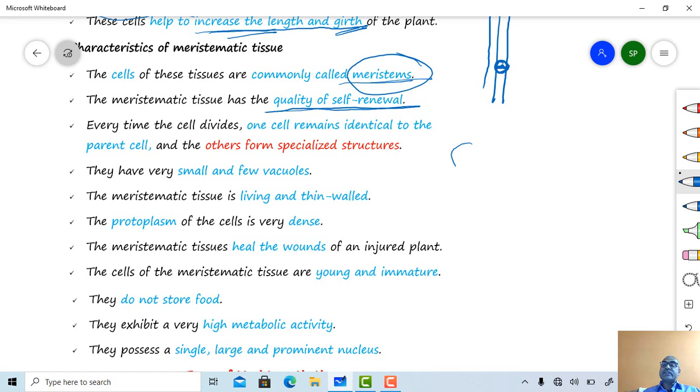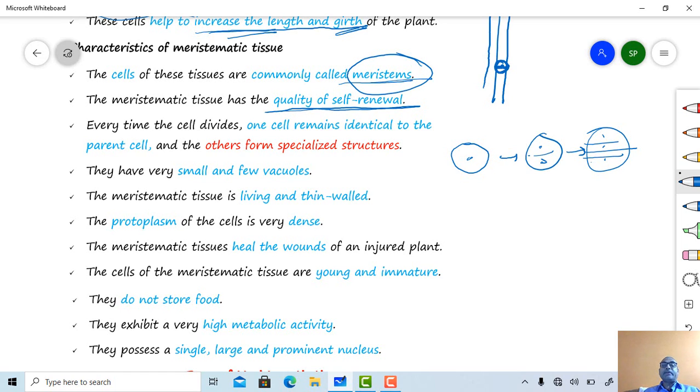As a single cell is present, this cell divides into two. Again, each cell divides into two cells. So this meristematic tissue has the quality of self-renewal. What is renewal? To renew means new cell production.